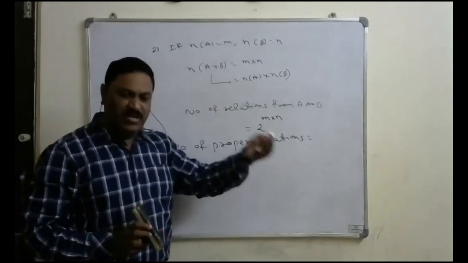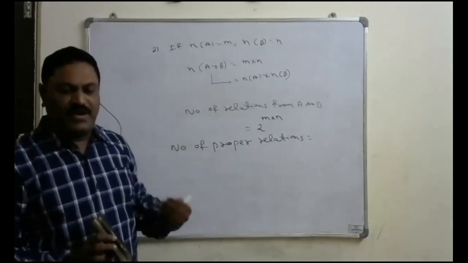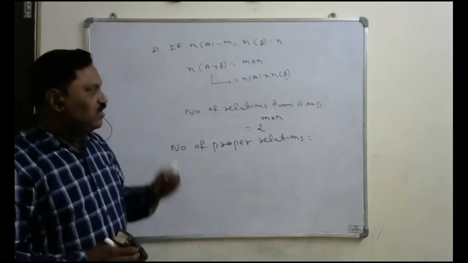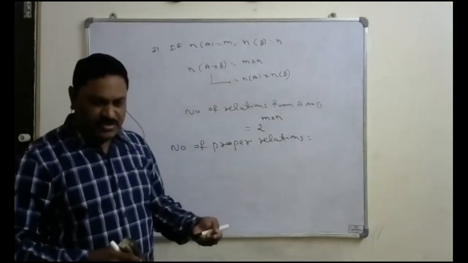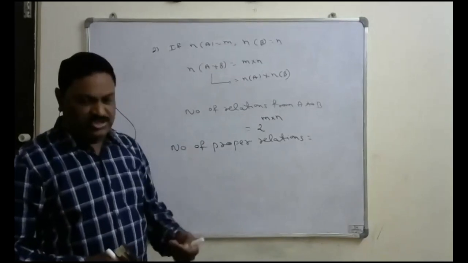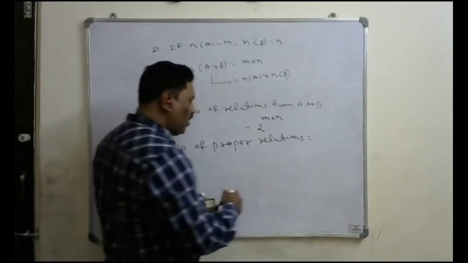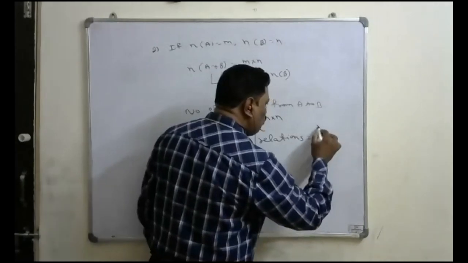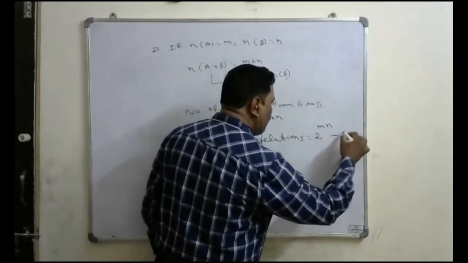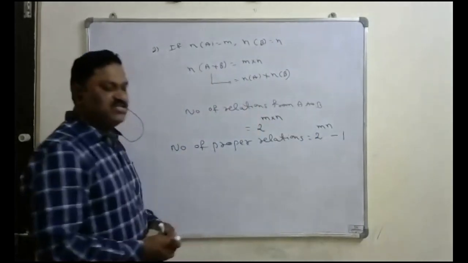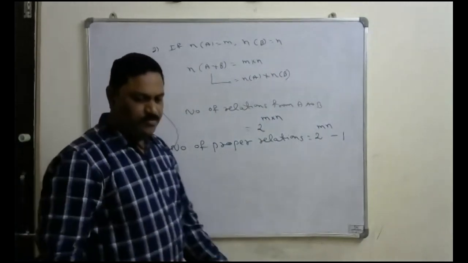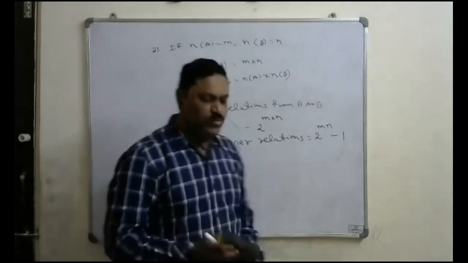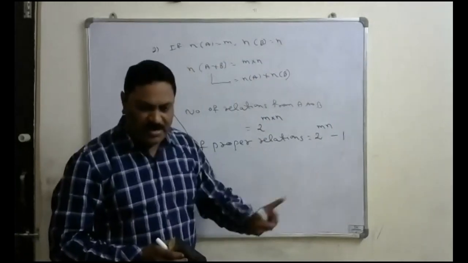Except for that universal relation, the remaining relations are the proper relations. So to find the number of proper relations, from the total number of relations subtract the universal relation. The formula is 2 power mn minus 1, which is the number of proper relations.